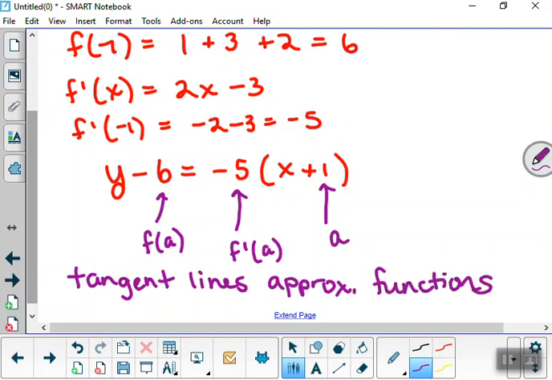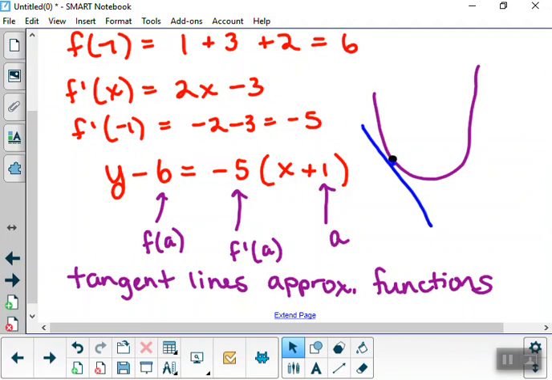If I have a parabola that I want to work around, and I want to know a value, something on that parabola, a tangent line to the parabola very close to that point is going to be an easier function to work with. Now, a parabola is not the greatest example of this, because a parabola is pretty simple to work with. You're right.